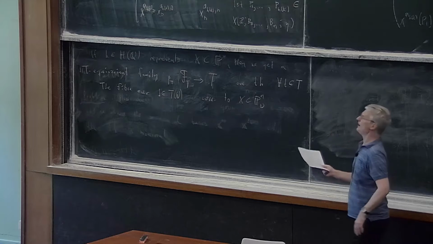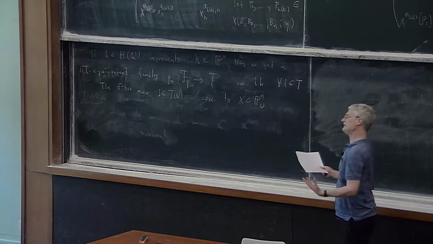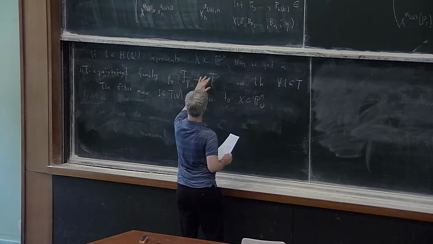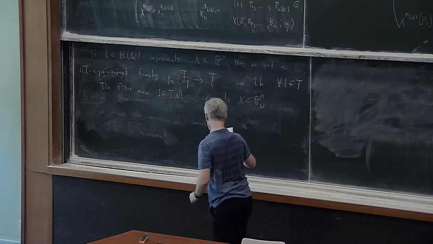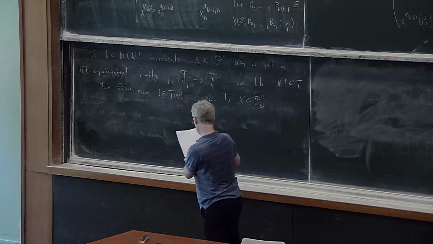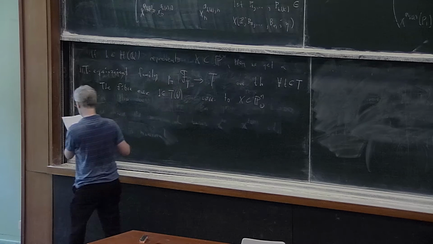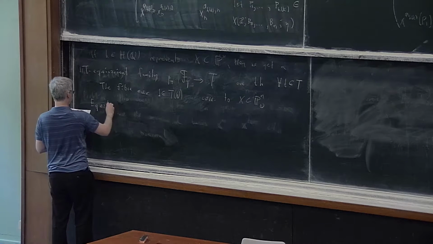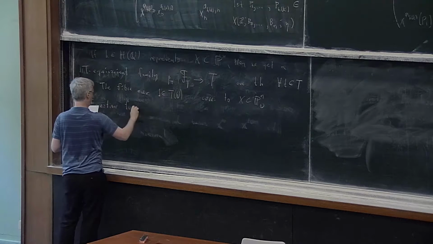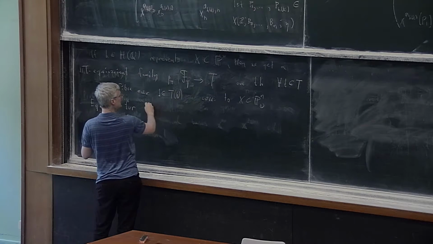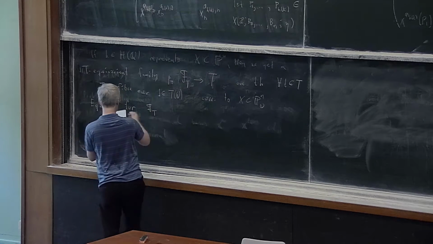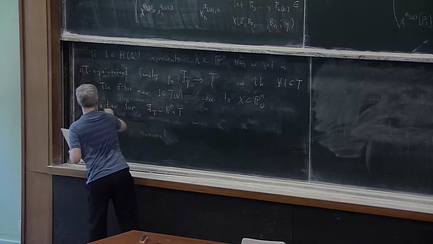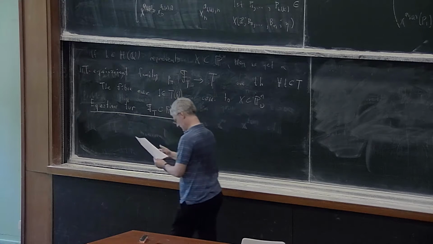Now it's convenient, to simplify it a bit, to look at one parameter subgroups here. But let me just give you the equations here so you should not be frightened by this abstract nonsense. So we have equations for this family F of t, and this will lie in Pn cross T, for those who are not used to these abstract notions.